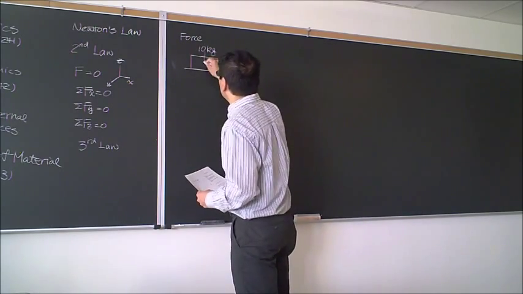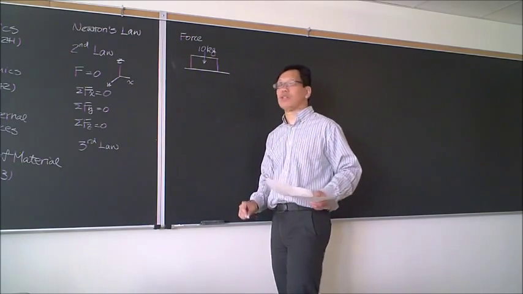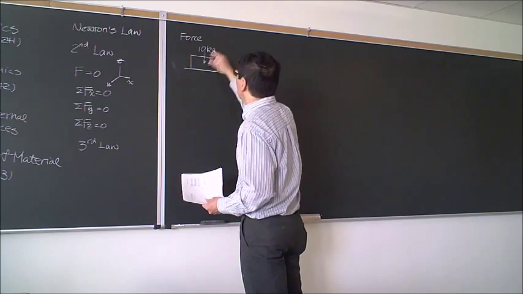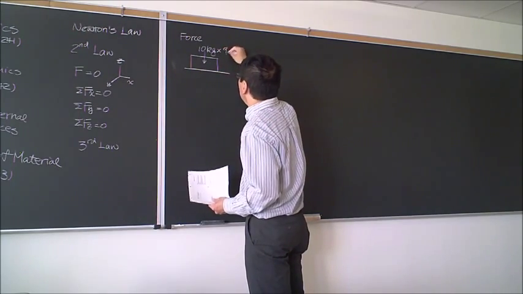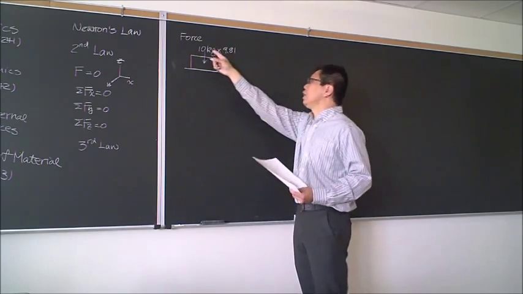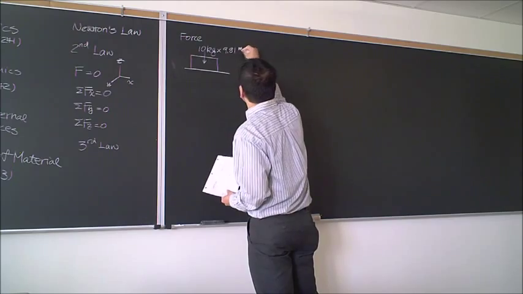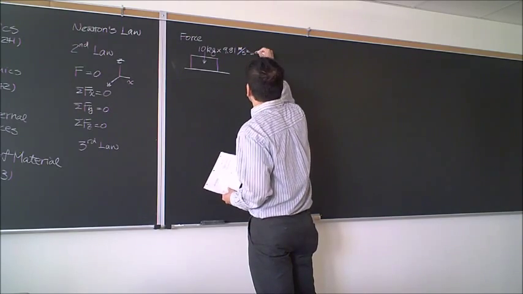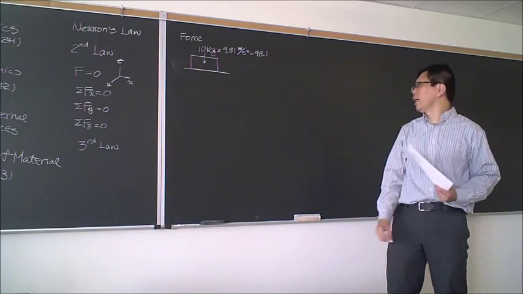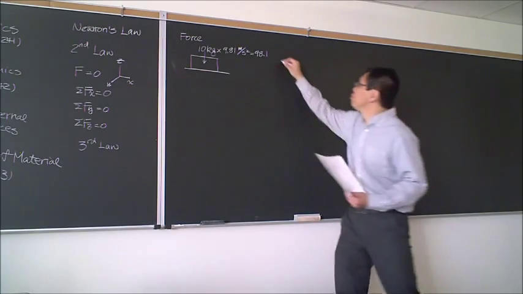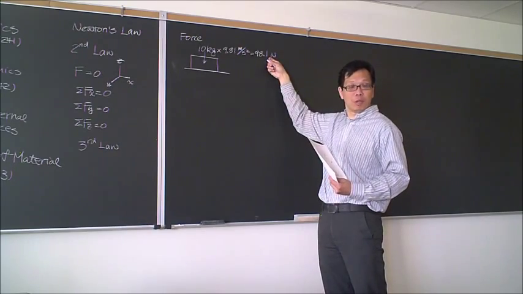One is gravity. You guys learned this in physics. This is the force created by gravity, so you need to have 10 kilograms multiplied by 9.81 meters per second squared. So it will create 98.1 units. Keep in mind, the unit is going to be changed.